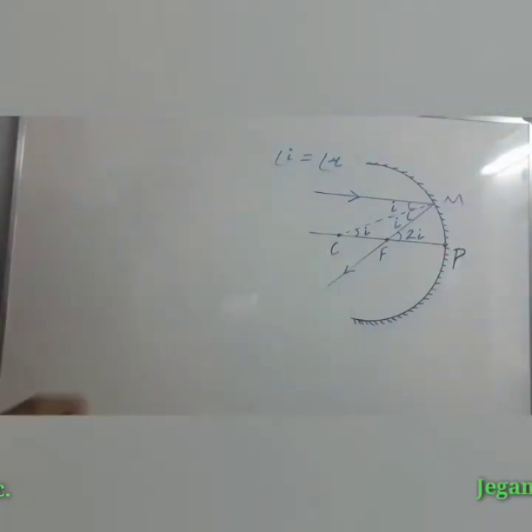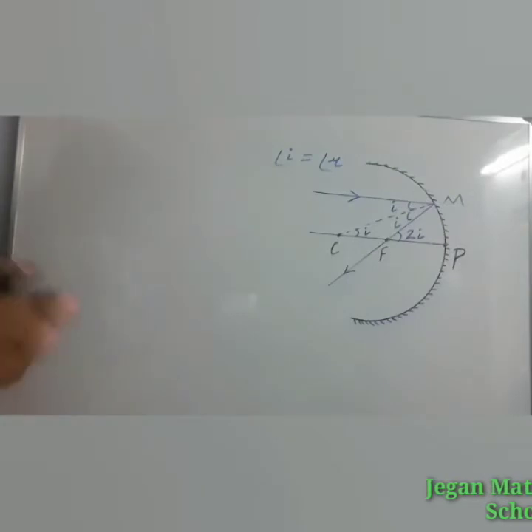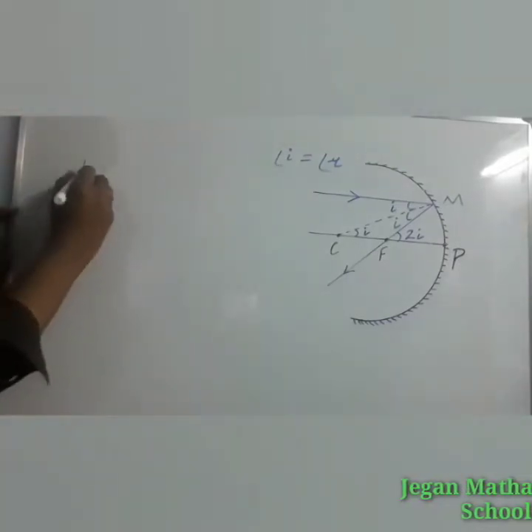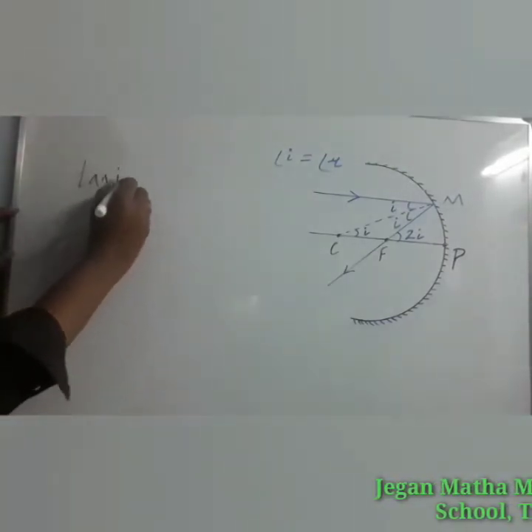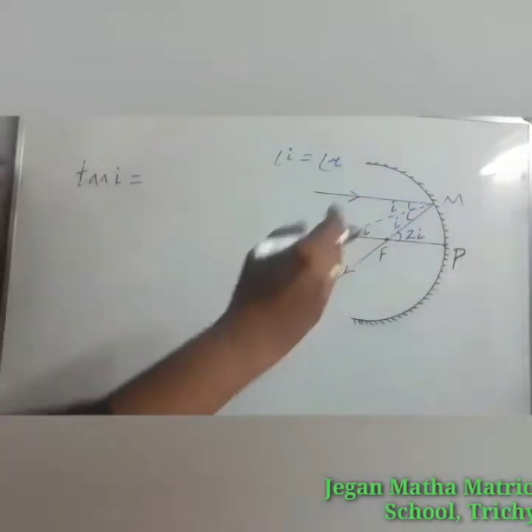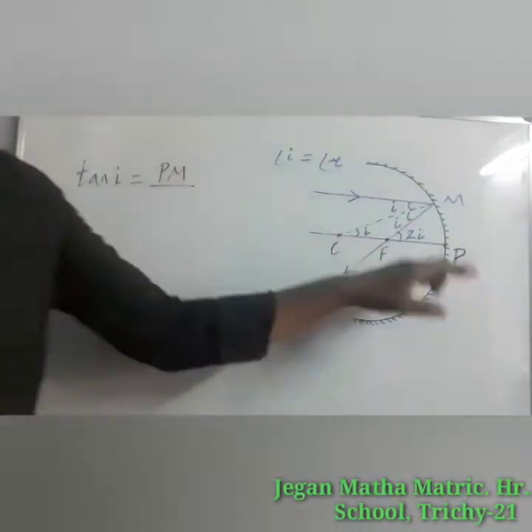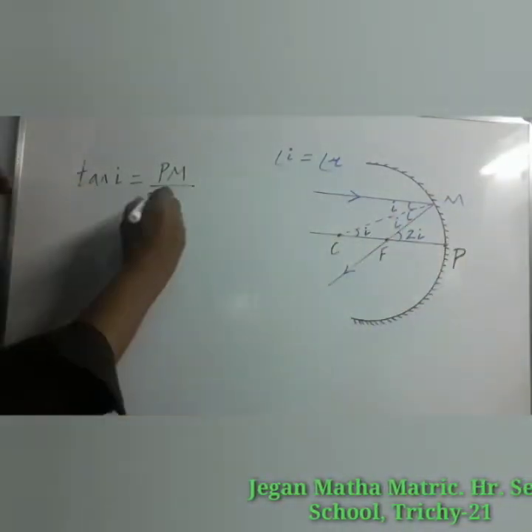So in triangle MCP, what is the value of tan I? Tan I is equal to the opposite side, PM, by the adjacent side, that is PC.